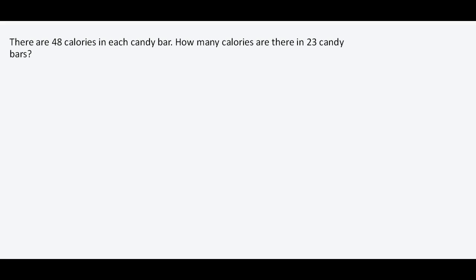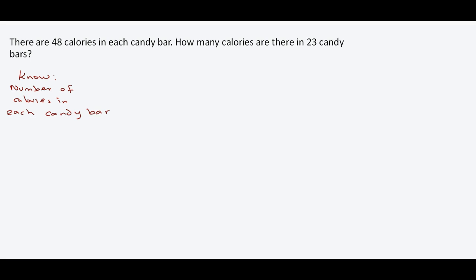There are 48 calories in each candy bar. How many calories are there in 23 candy bars? Let's look for what we know. What we know is the number of calories in each candy bar.